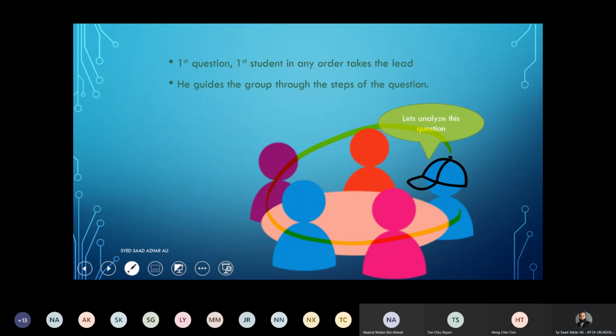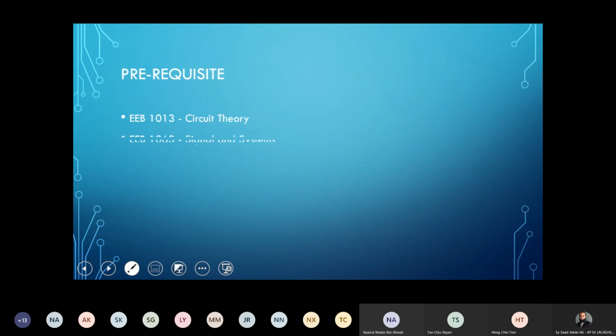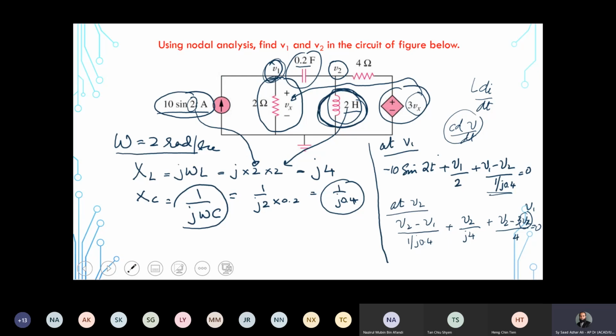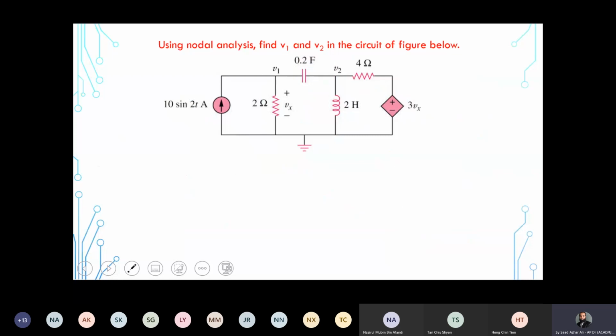So if you go back to the previous slide, he will say, for example, okay, this is a circuit which could be easily solved by node analysis because we have 2 nodes. Then we start writing the equations, but by leading, just like I'm doing it to you guys, the group leader will be talking the solution to the group mates.